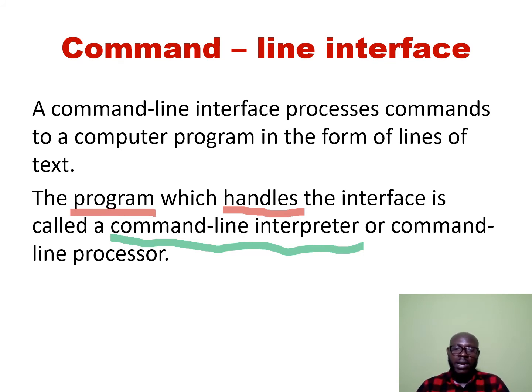So a command line interface processes commands to the computer program using text. It uses text to process commands to the computer. That becomes a command line interface. The program which handles the interface is called a command line interpreter or a command line processor.